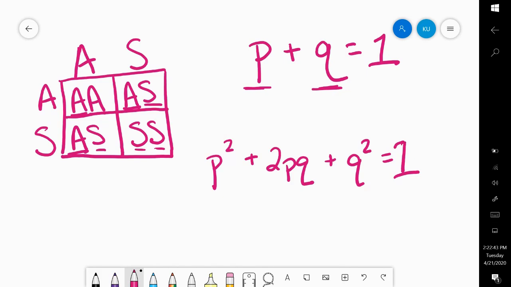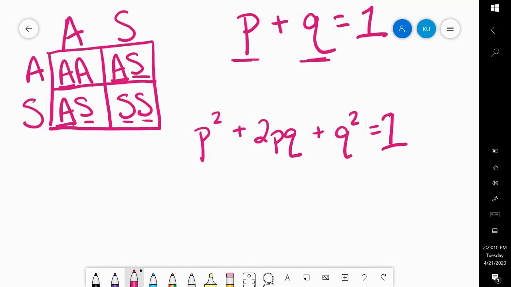If you take all of the dominant alleles and all of the recessive alleles and add them up, you get 100% of the population. So if you know what P is, you can find Q because you just subtract it from 1. But if you know what Q is, you can find P because you just subtract it from 1. So knowing that P equals the dominant trait and Q is the recessive trait is very important.